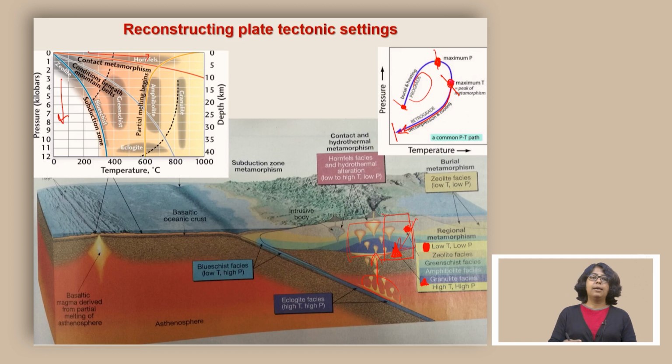And that is a really good source of information when we are trying to look at the history of the earth, and when we are trying to understand what events took place a long time ago. So, these rocks are really good record keepers of the history in terms of changes in pressure and temperature.